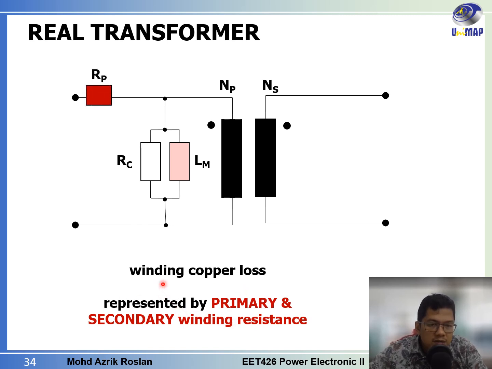The primary circuit will be represented by Rp, and the secondary winding will be represented by Rs. So these are the I squared R losses, or the losses due to the resistance of the wire inside the winding.